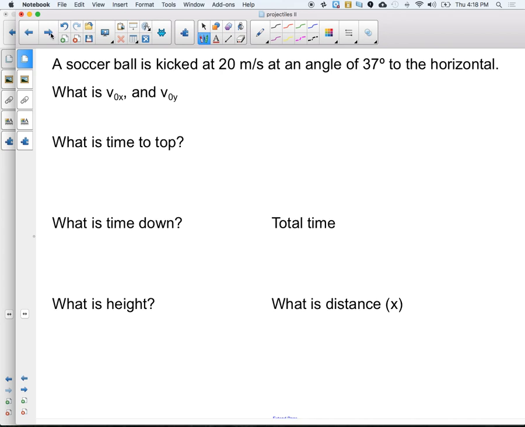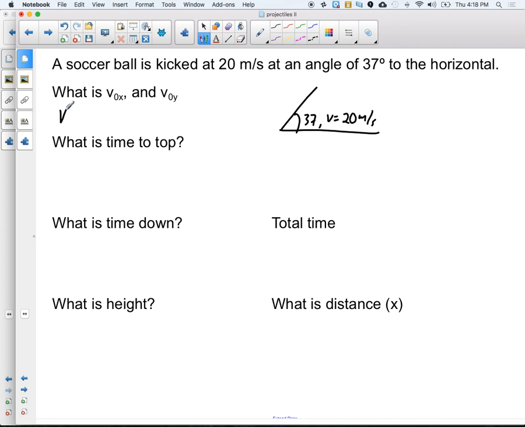So let's look at a real life problem. A soccer ball is kicked at 20 meters per second at an angle of 37 degrees. So what is v initial in the y and v initial in the x direction?